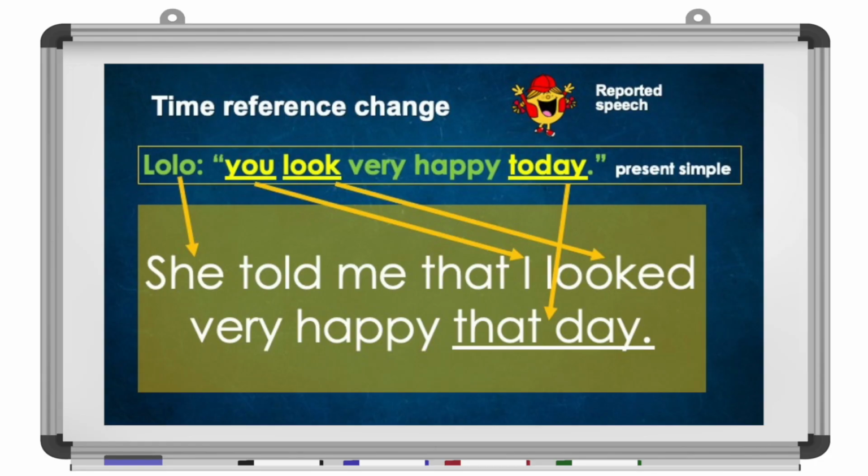You is the pronoun, and I changed it into I because she was speaking to me, you. And then look, the present simple, I changed it into past simple, looked. And the time reference today changed into that day. That's how we change the whole sentence and report it correctly.